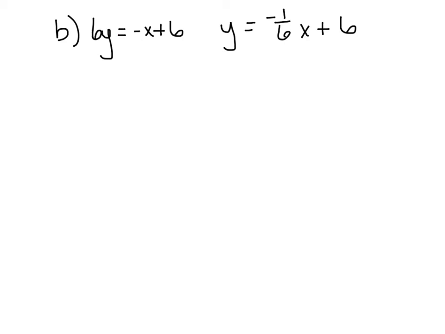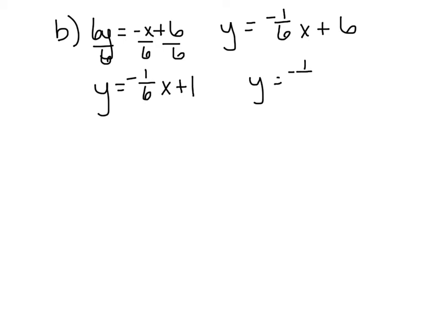Step 1, solve for y. Divide everything by 6. That gives me y equals -1/6 x plus 1. And here is y equals -1/6 x plus 6. They both have different y-intercepts, and their slopes are the same. Therefore, these lines are parallel.